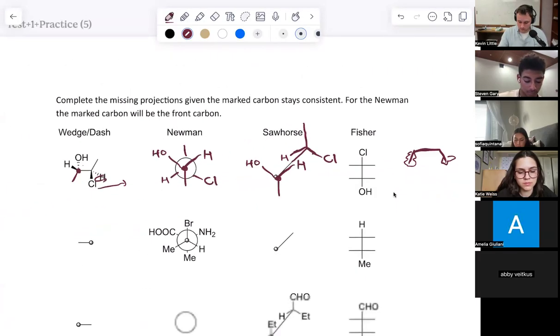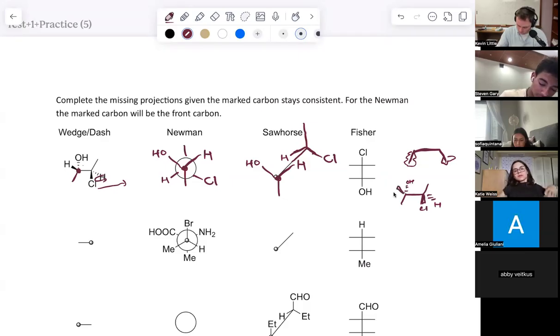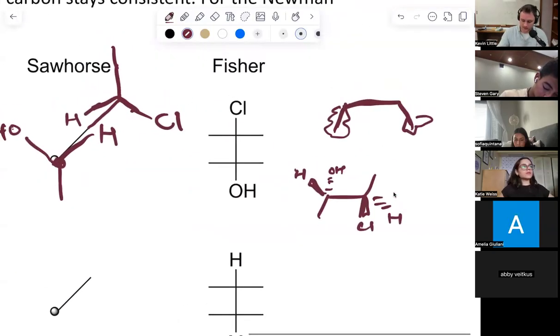So I'm going to take my original wedge dash and see if I can convert it to this. What's nice is that this left side is already there for me.